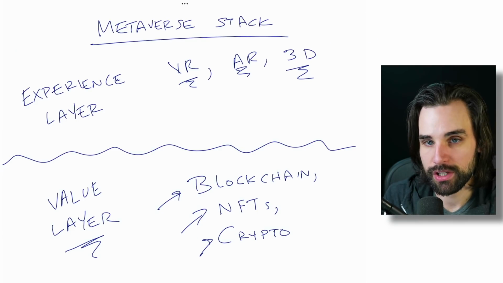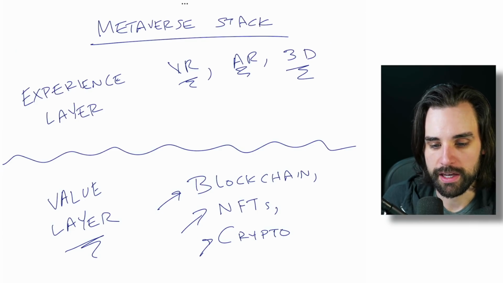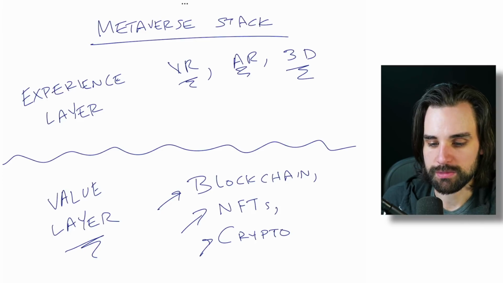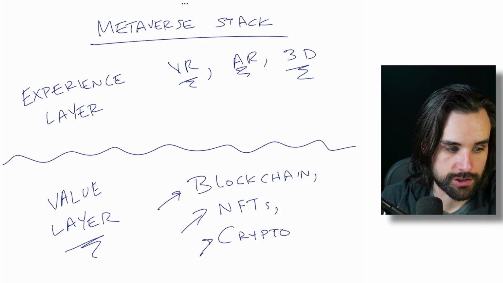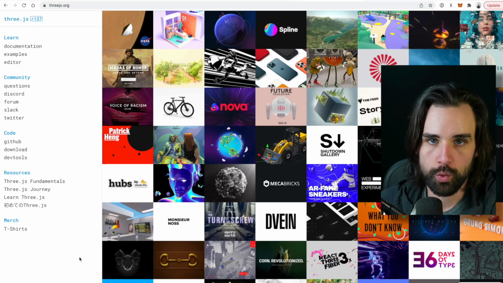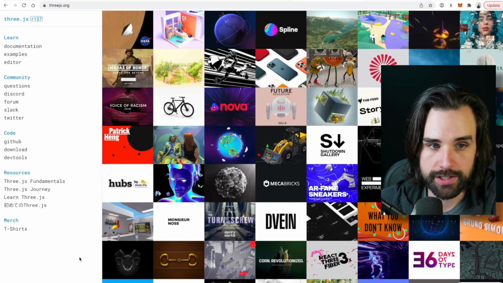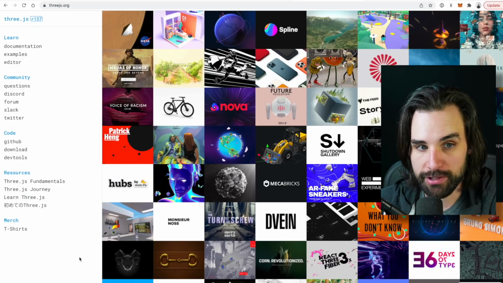But in this video, I'm specifically going to focus on this experience layer and how you can start creating 3D immersive experiences, and also give some tips on things like virtual reality and augmented reality, so that you can code a Metaverse. We're going to use Three.js for this. This is a JavaScript library that lets you create 3D experiences.